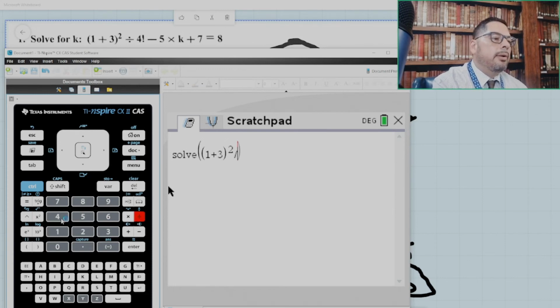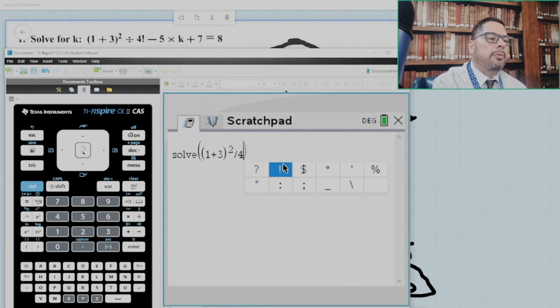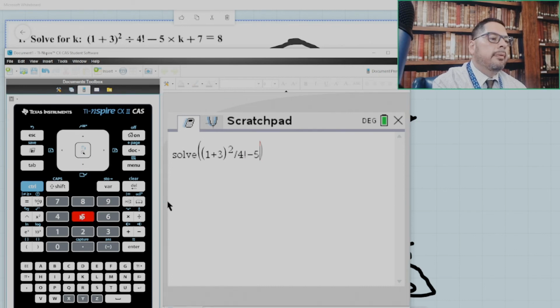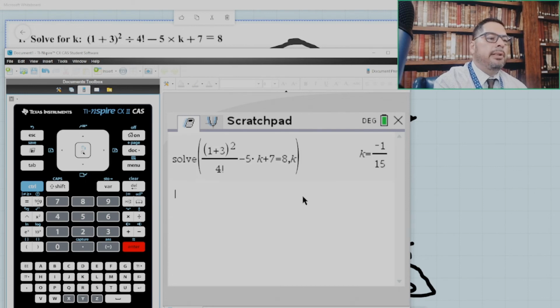We find the factorial button down here to the lower right, 4 factorial, minus 5 times k, and you can actually just use k if you want, plus 7 equals, and we find that equals button right here, 8. And you got to tell the calculator what variable to solve for, so I put comma k. And you push enter, and you should get k equals negative 1/15 as we did before.